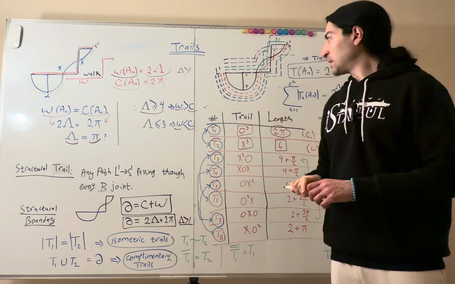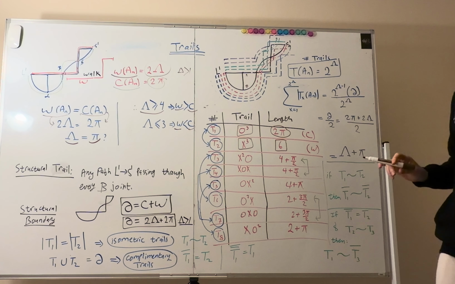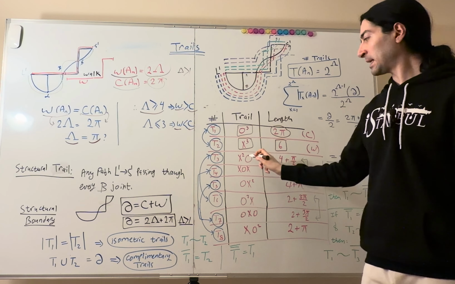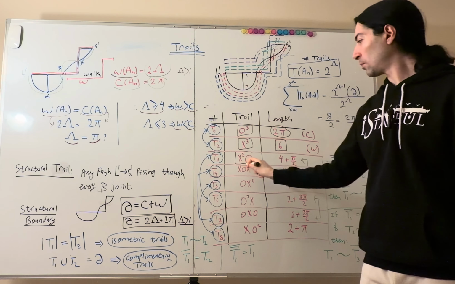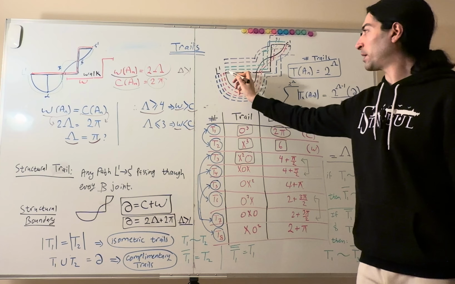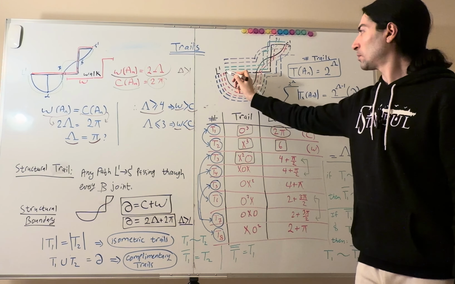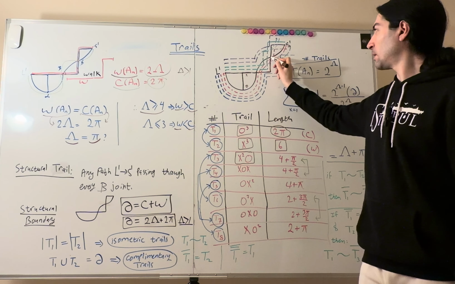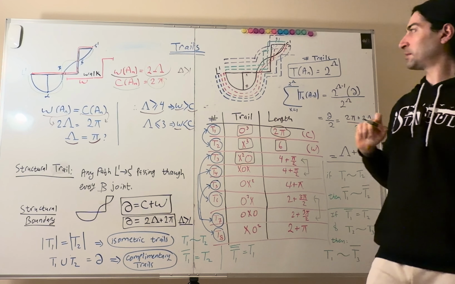Now let's look at ones that we're less familiar with. So let's, for example, follow this T3, which is x squared O. So this means we will do x squared, so x here, and then O at the end.